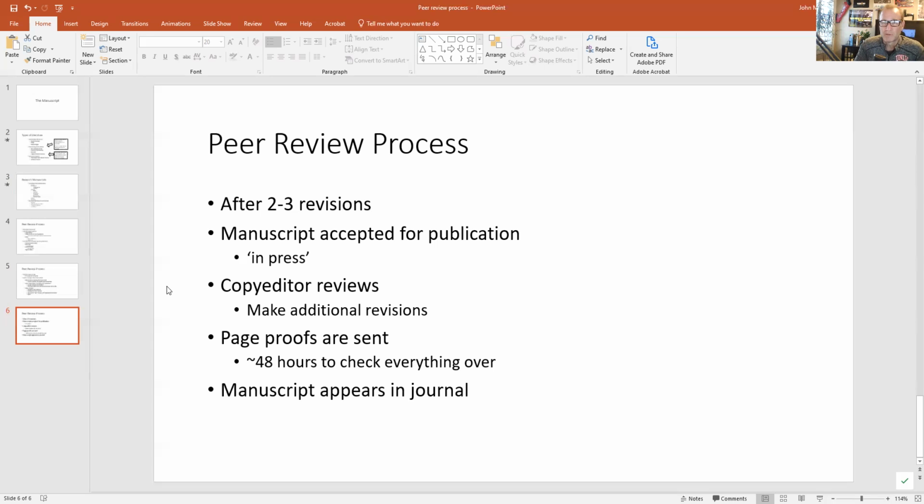So the point of going through this is peer-reviewed journals are vetted in a very rigorous process. And journals that have higher impact factors typically are also vetted very thoroughly because they have a high readership, and it's a very rigorous process.